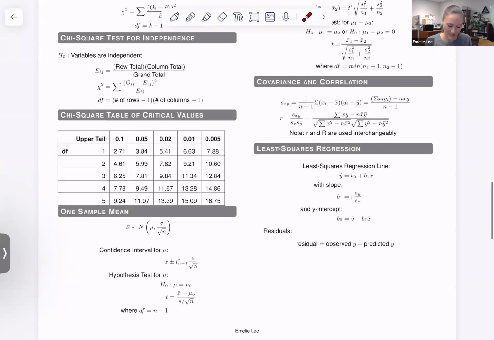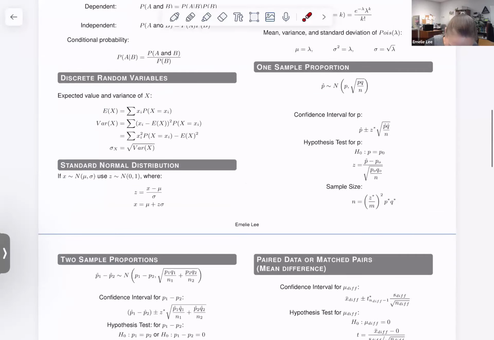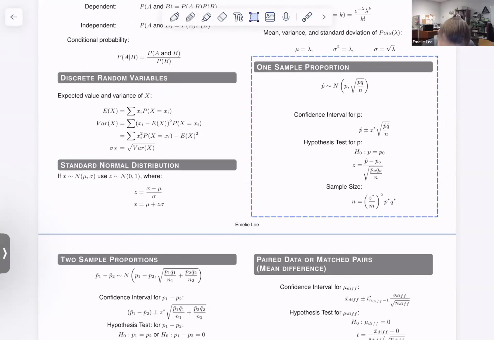And then we move into one sample means, and then two sample means, and we'll pick away at this formula sheet. This is why it's really important that we figure out what type of question we have, and that's going to put you on the section in the formula sheet, and then you can't stray from there.